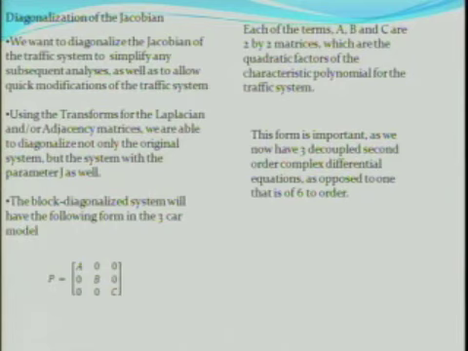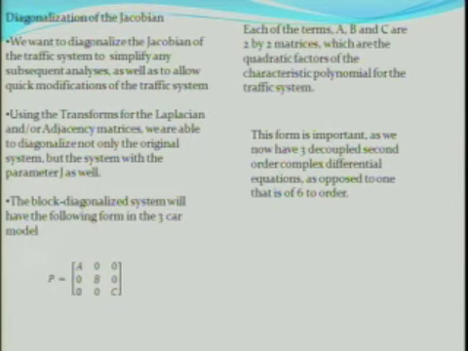By transforming these matrices and obtaining the resultant transformed Jacobian, we get that it's in fact a block diagonalized system. For the 3-car model, it's going to look like the one on the screen below. Each of the blocks A, B, and C are 2x2 matrices.